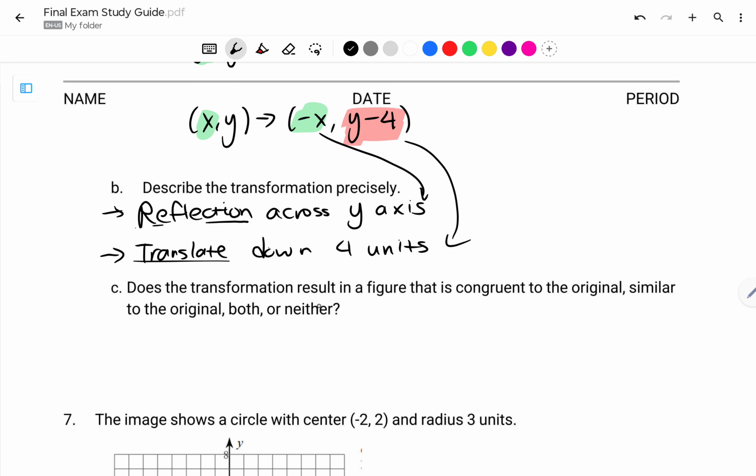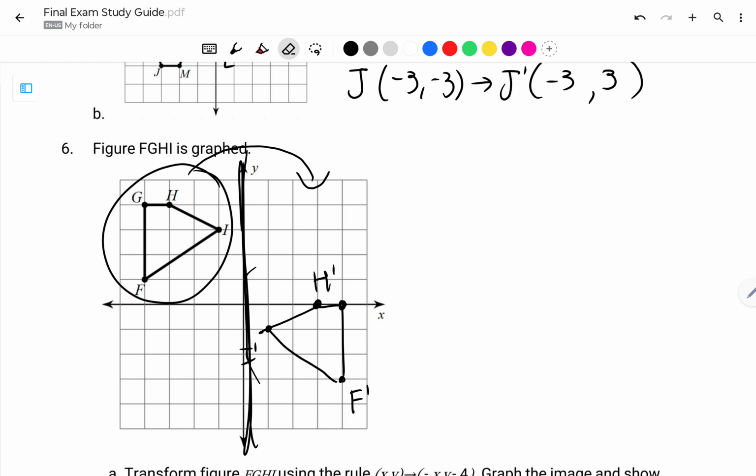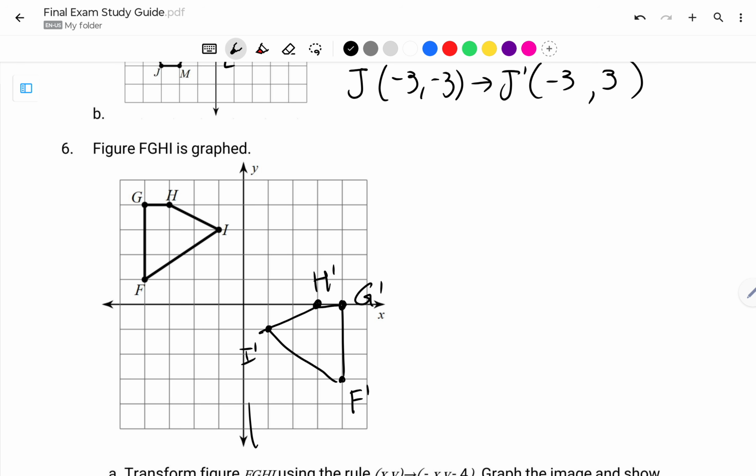Does the transformation result in a figure that is congruent to the original, similar to the original, both, or neither? So remember, similar shapes are two shapes that are the same but different sizes, right? So if I have a rectangle like this, and I have a smaller rectangle like that, they're the same rectangle, just different size. One's bigger, one's smaller. That's similar.